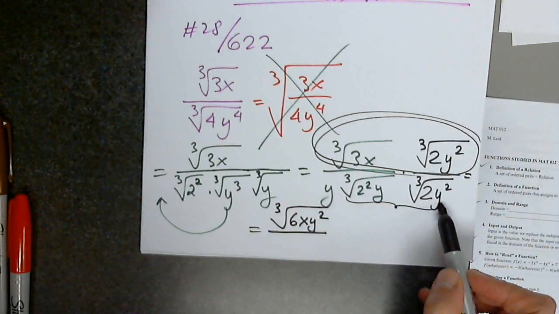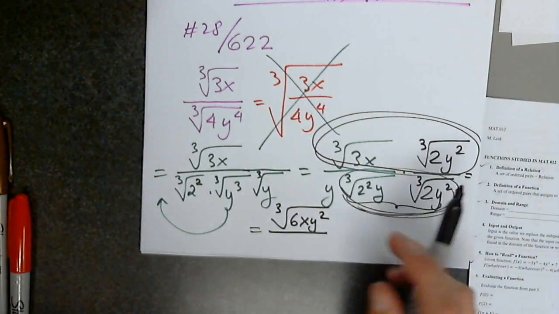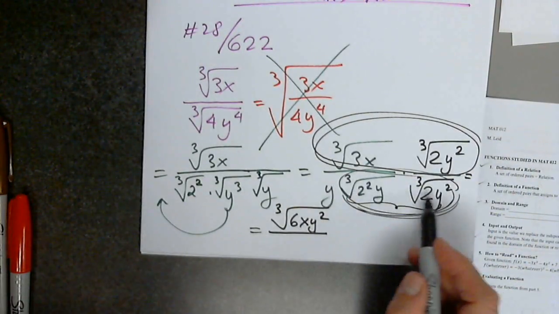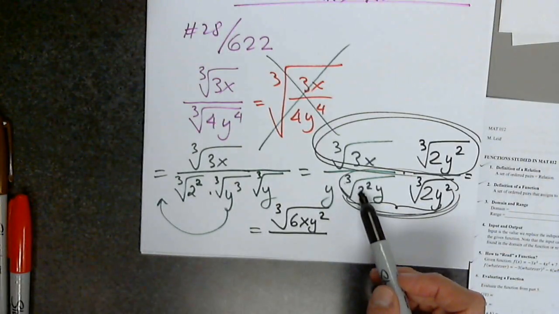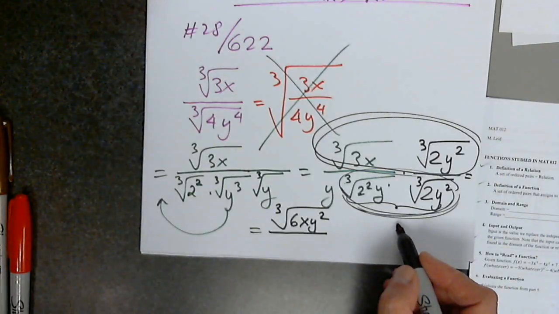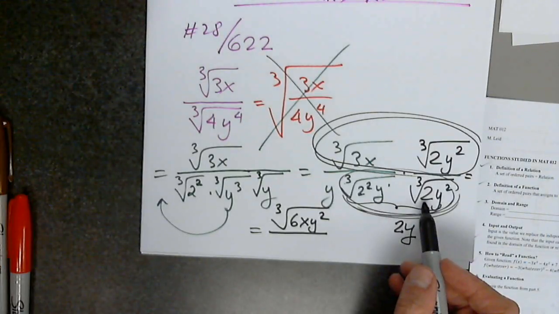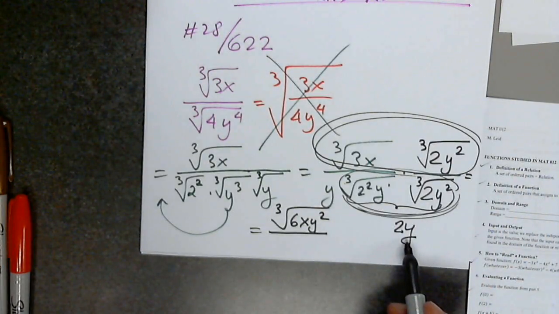Now here, I know what this is. I made it happen. Forget about this for a moment. What is this? It's the cube root of 2 cubed y cubed. So what could this be? And 2. Right? The cube root of 2 is 2, and the cube root of y is y.